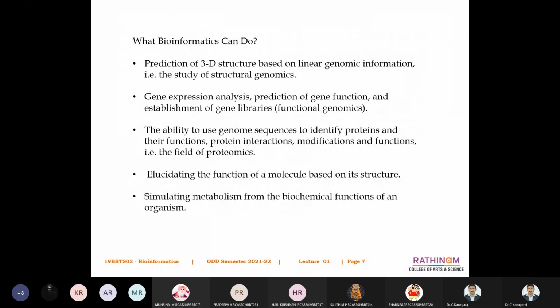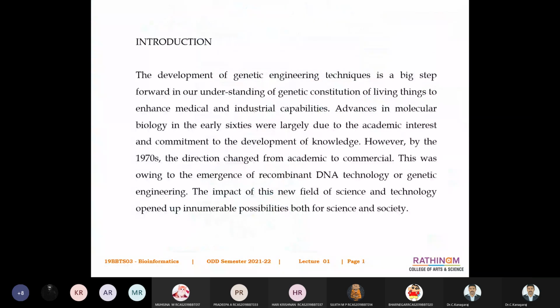So today what we have seen is just an introduction to bioinformatics. Bioinformatics is nothing but biological information retrieved from databases based on structural molecules.